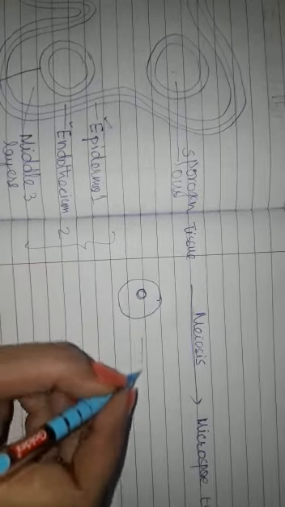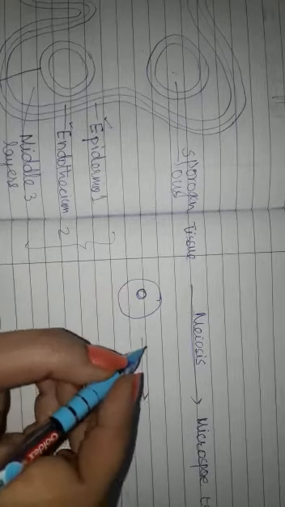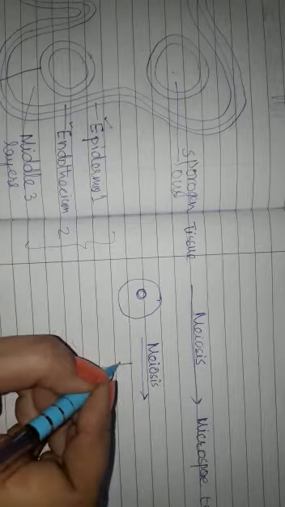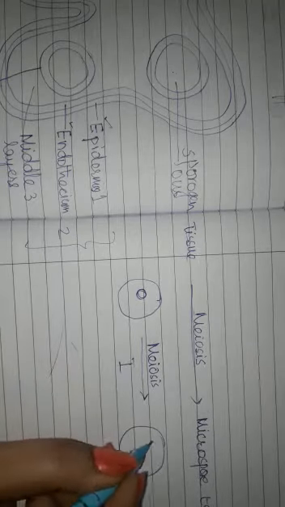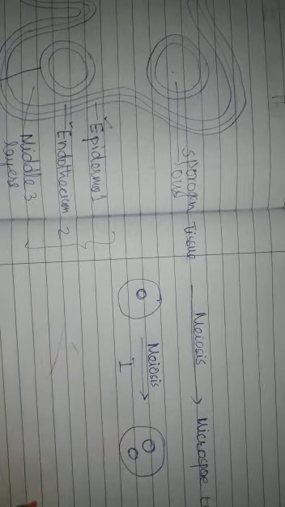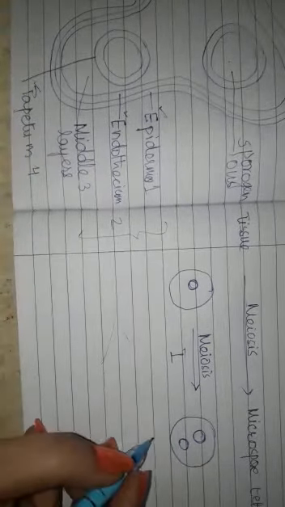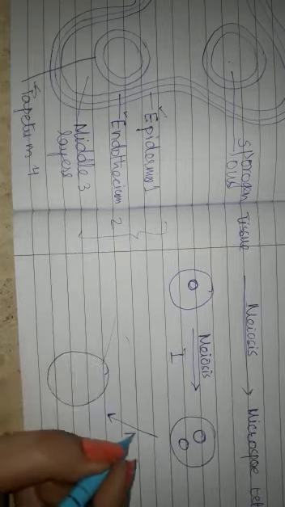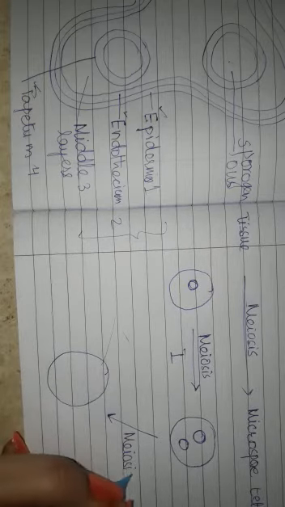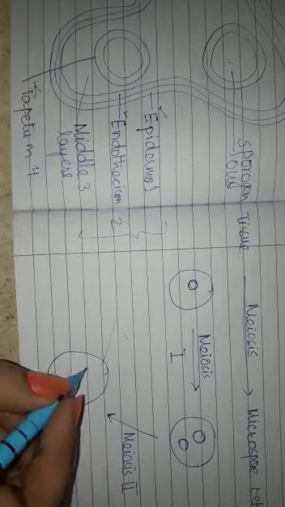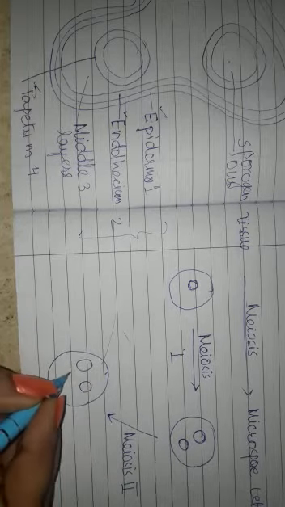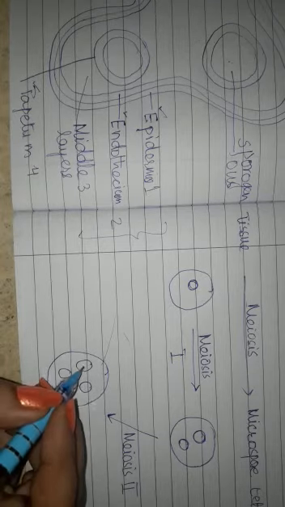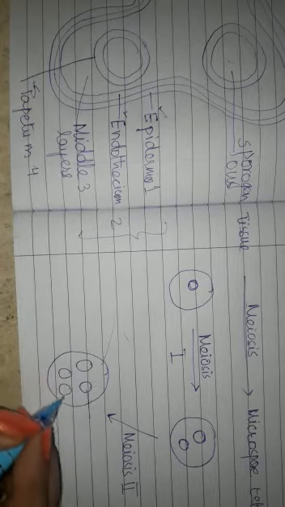Now it undergoes meiosis. First is the meiosis 1. Meiosis 1 results in the formation of 2 nuclei, and then क्या होगा? There will be meiosis 2. Meiosis 2 results in the formation of 4 nuclei, and these are the 4 haploid nuclei.